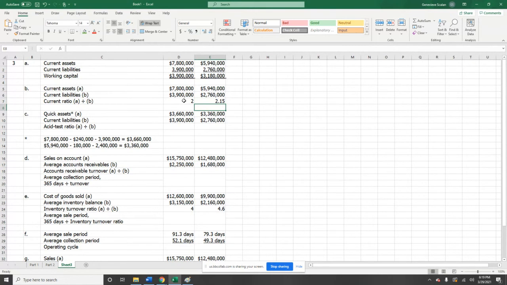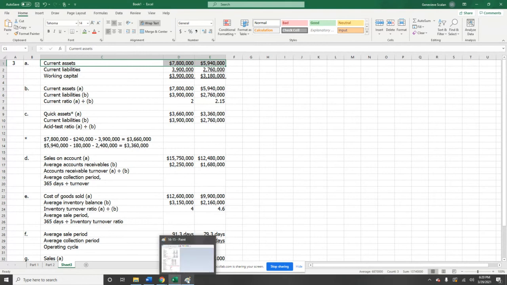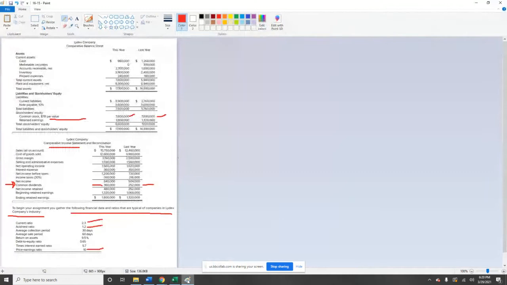All right, and then there's this acid test, or what they call the quick ratio. So instead of using all your current assets, you use current assets minus prepaids and inventory. So let's look over here, see what I'm talking about. If we look at our current assets, you'll see that we've been using total current assets, right?